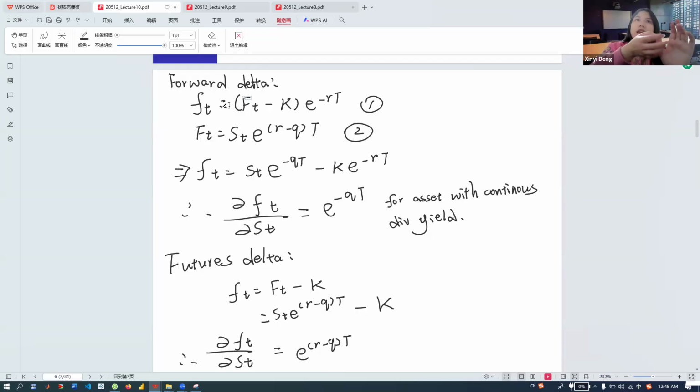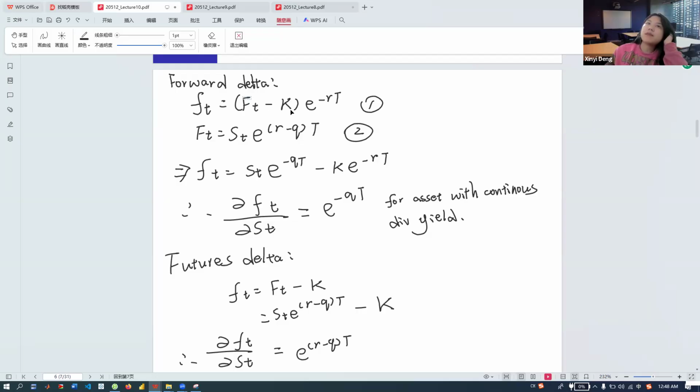Here F_t is the current forward price of the underlying asset at time t, whereas K is the agreed upon price set at the beginning of the forward contract.